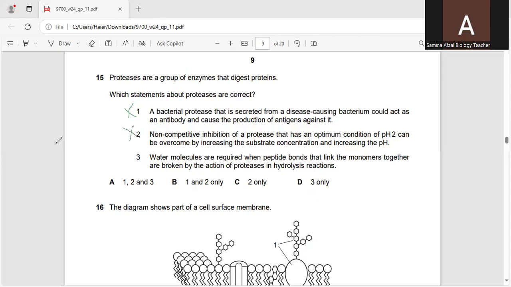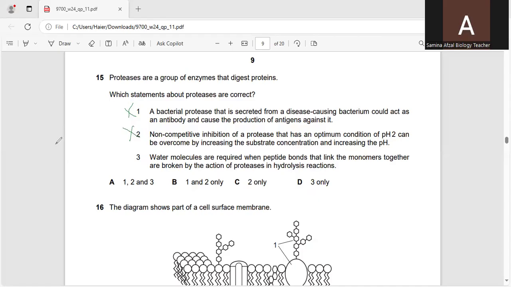Water molecules are required when peptide bonds that link the monomers together are broken by the action of protease in hydrolysis. Yes, this is the correct option, because proteases catalyze hydrolysis reactions, which involve the breaking of peptide bonds using water molecules.